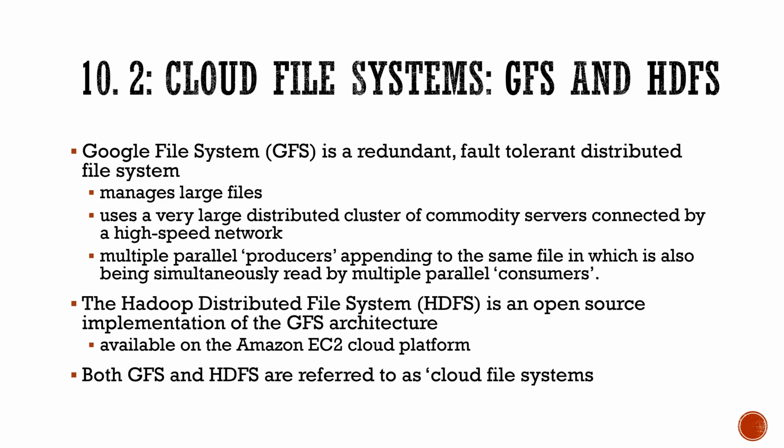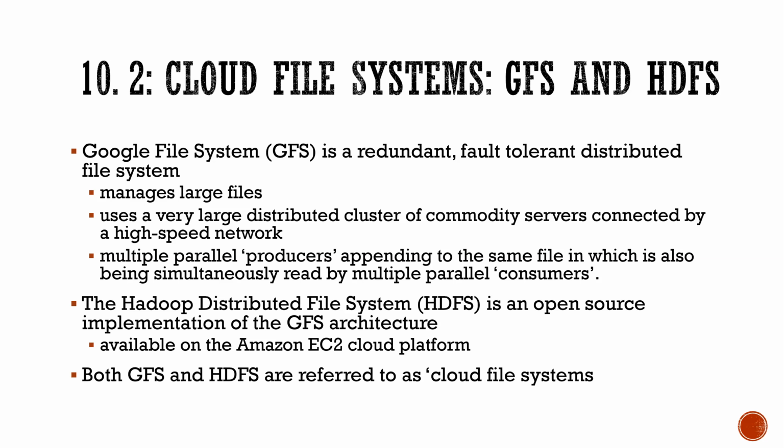It provides a cluster of what's called commodity servers connected by a very high-speed network, typically accessed over the internet, with multiple parallel producers appending or adding to the same file, while that file is simultaneously being read by multiple parallel consumers. So you have multiple parallel producers generating data, multiple parallel consumers reading that data.